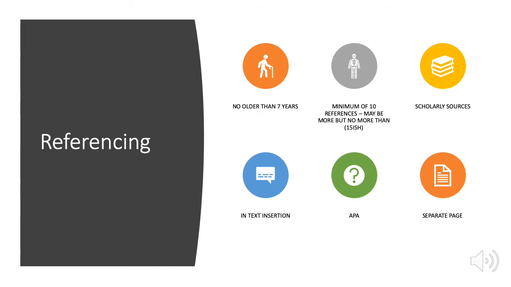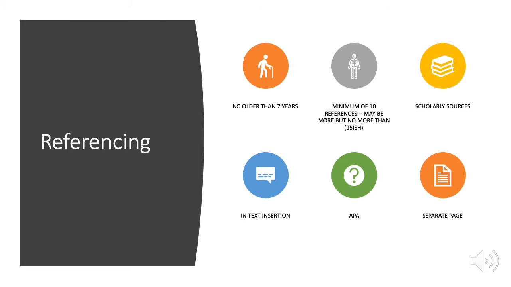Go and do the online referencing workshop if you haven't already done it, because many of you are easily losing marks with this, and not using proper in-text insertion and recognition of other people's works at the end of the sentence may actually lead you down the garden path towards academic integrity issues. So you need to be very clear of this in-text insertion.